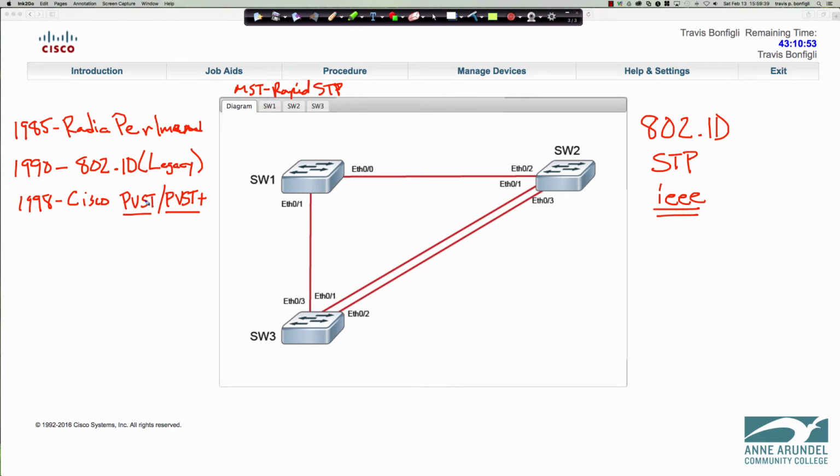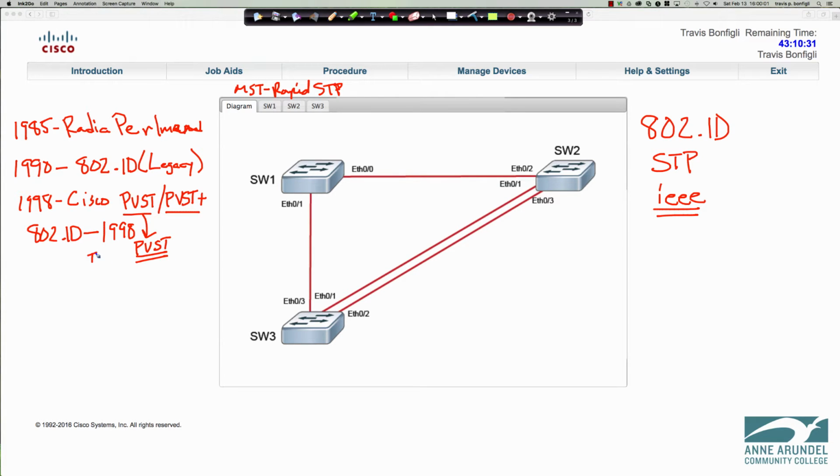So the key thing to remember is that in 1998, the 802.1D standard was updated to be called 802.1D 1998.